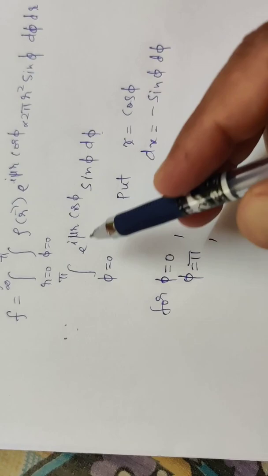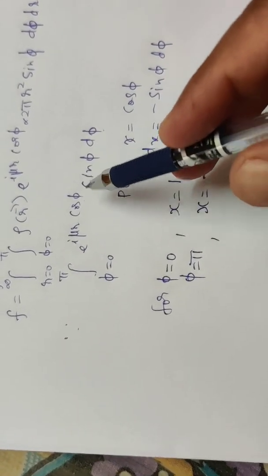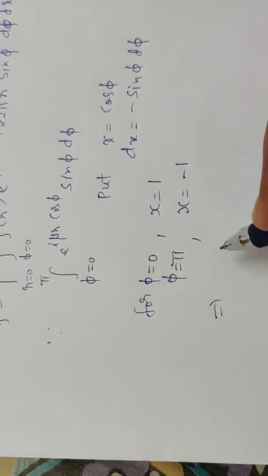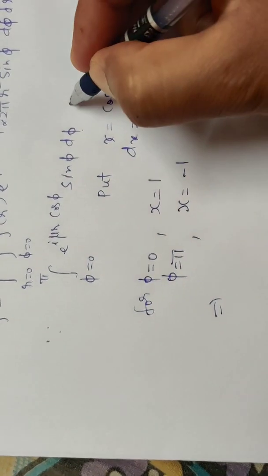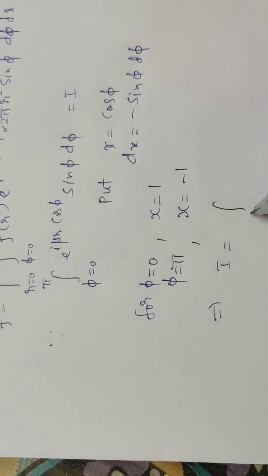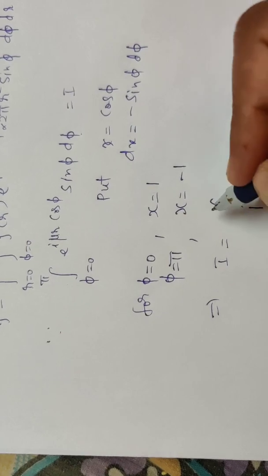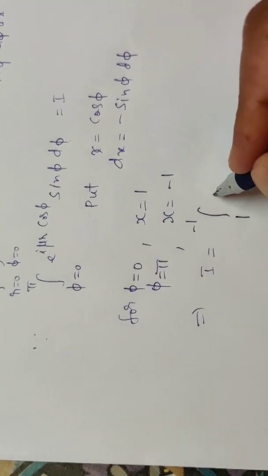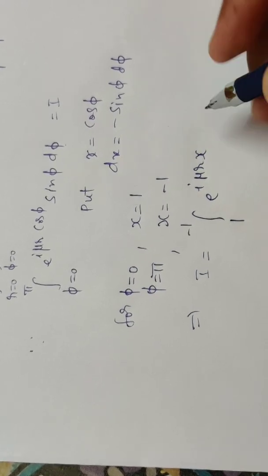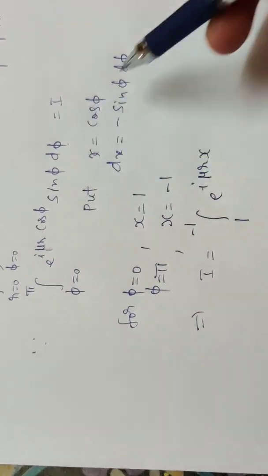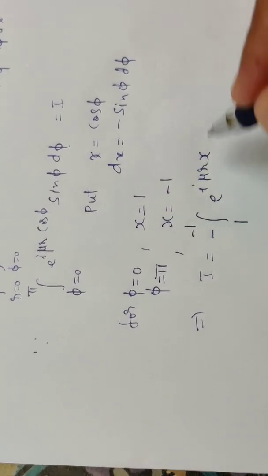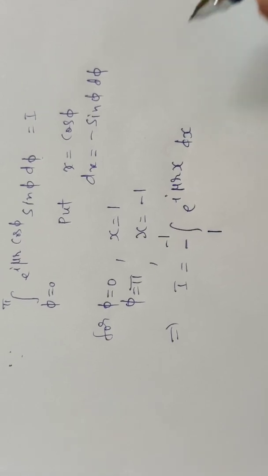So putting the limits and the values of cos phi to x, this integral, put this equal to I, will be transformed into I equals integral from 1 to minus 1 of e raised to iota mu r x, with a minus sign, dx.